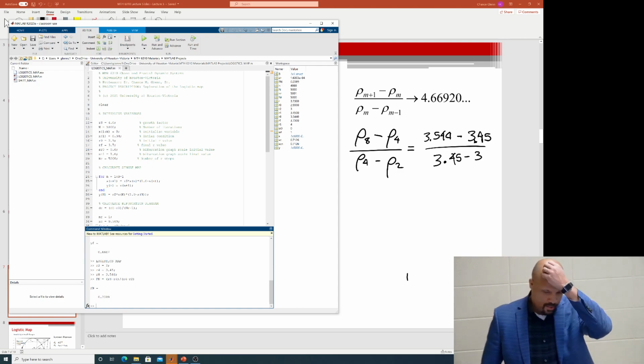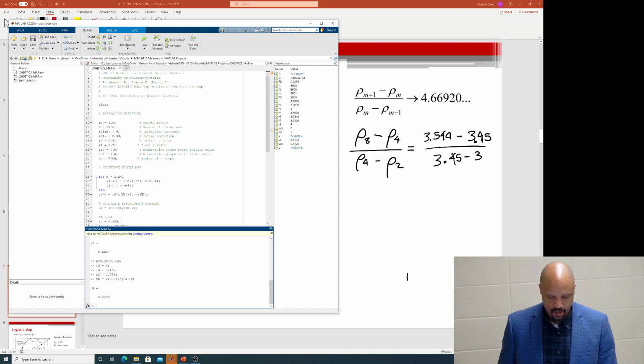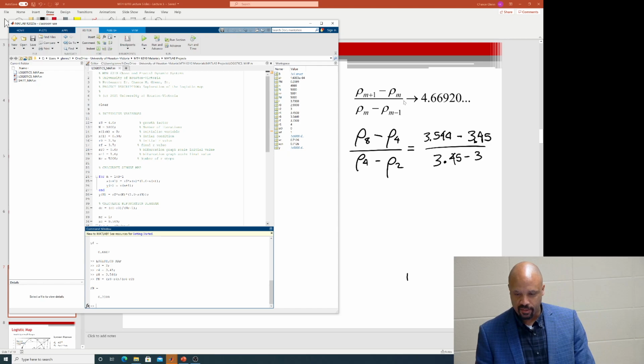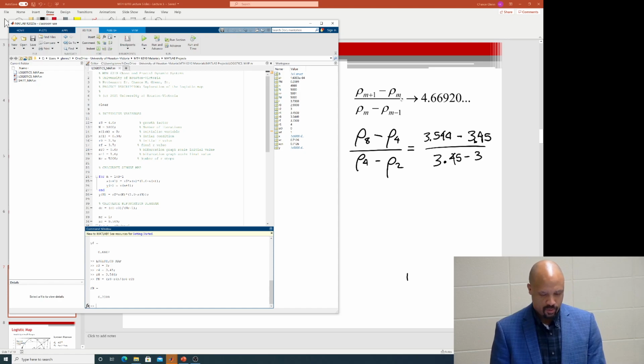So the estimated number we have is 0.2089. Now, first of all, let's make sure I did all that right. So that's that one minus that one over this one minus that one. Let me just try something. I want to make sure I have this, because it could be going the other way with the period.